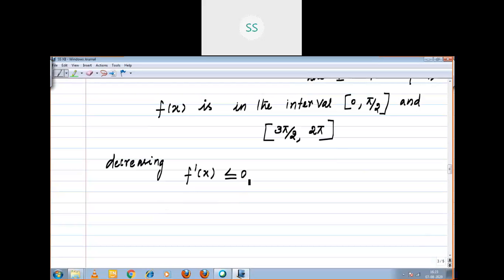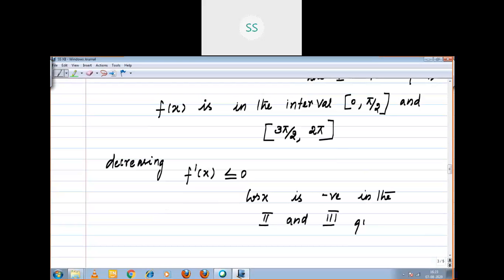Cos x is negative in the second and third quadrant.